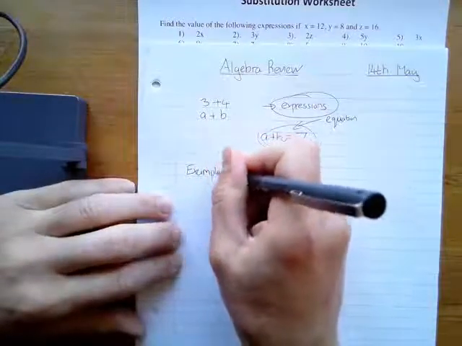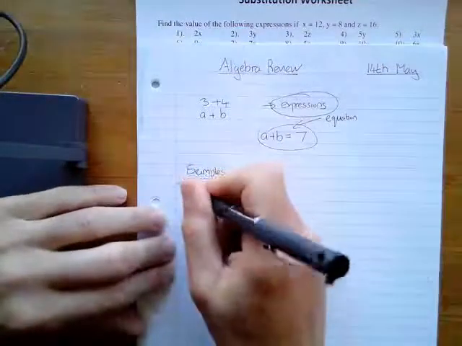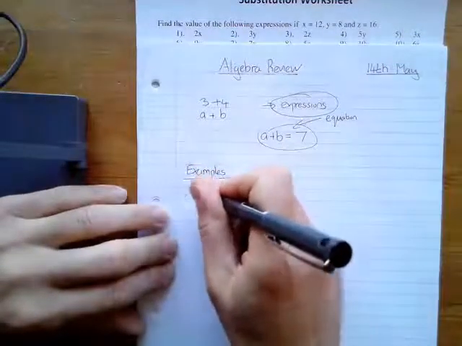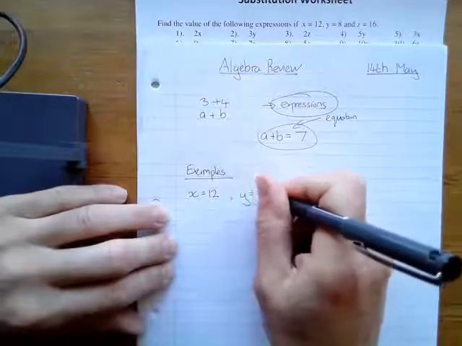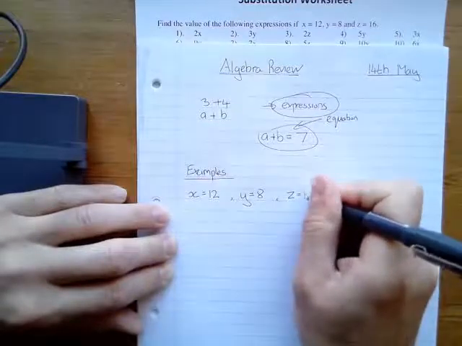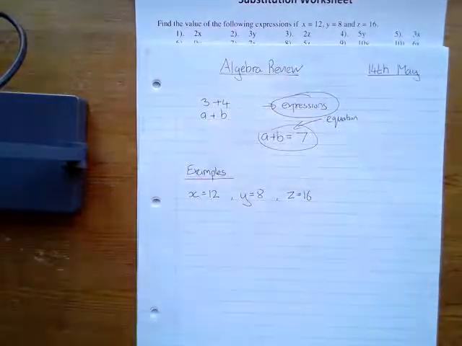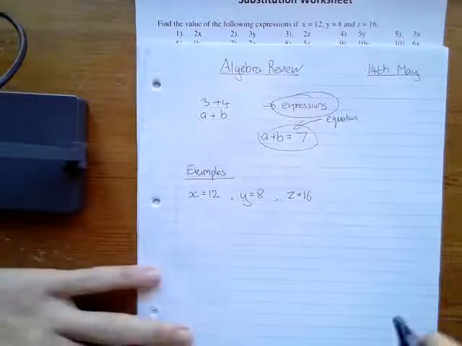If I was answering these questions, the first thing I would do is write down what the value of each of the letters is going to be in this question. Remember, it can change next time, but for this particular question, those are the values that we've been asked to use. And we now have to find the value of each of the expressions.